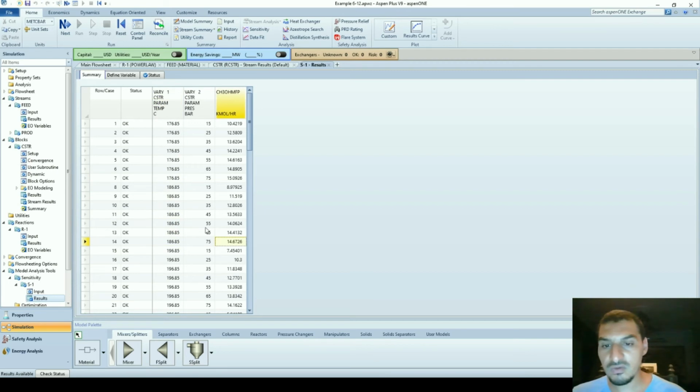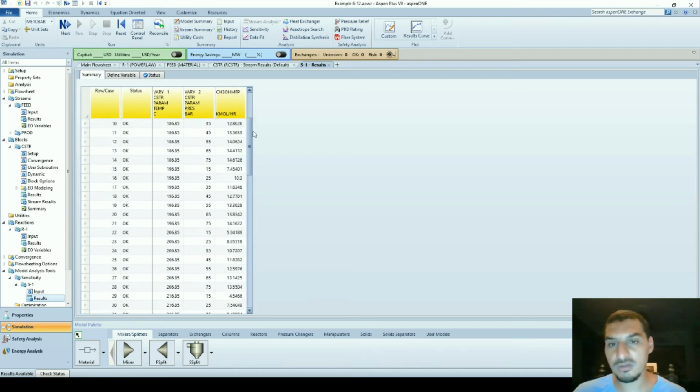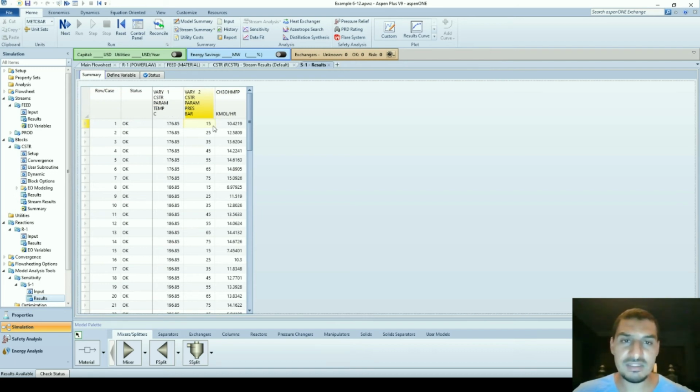So I have now 77 runs, and it's also giving me the original run that I did here, which is the very first one, in the conditions I used to operate the reactor before the sensitivity analysis. So this is good, but I need to see this as tabulated results or as a graph.